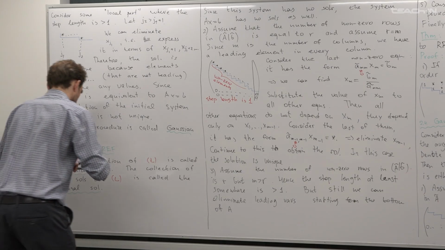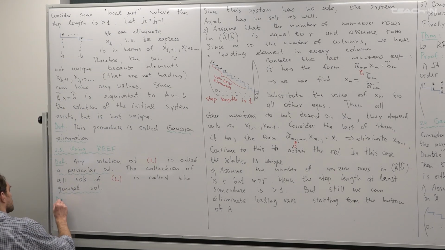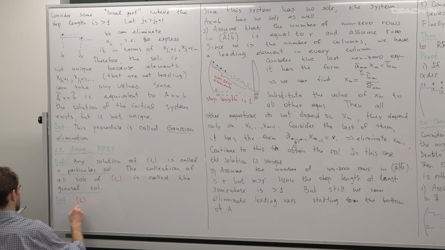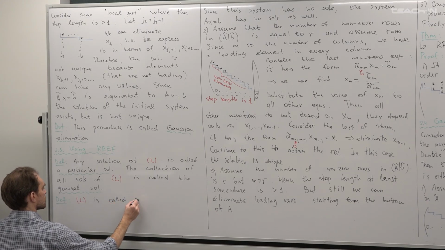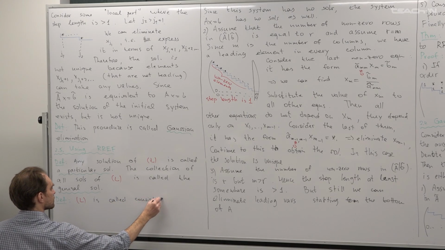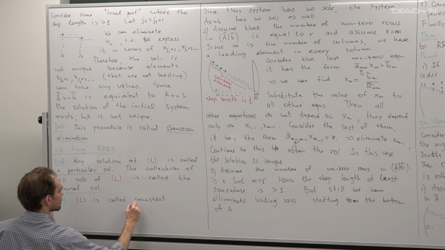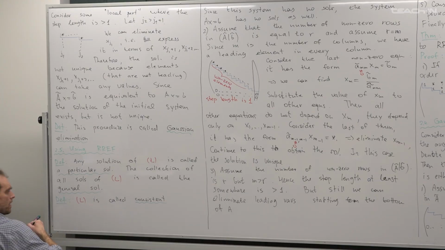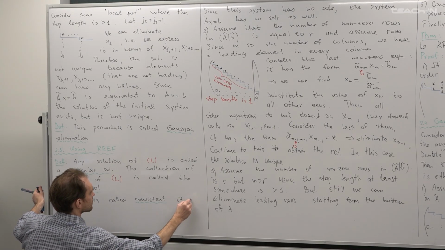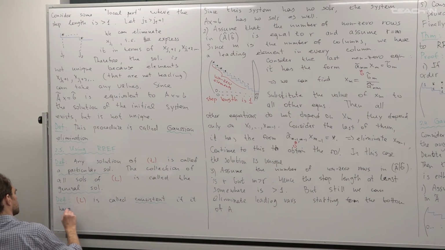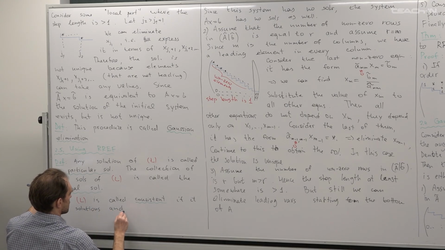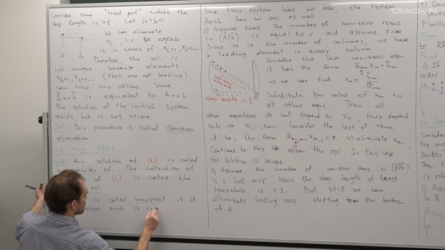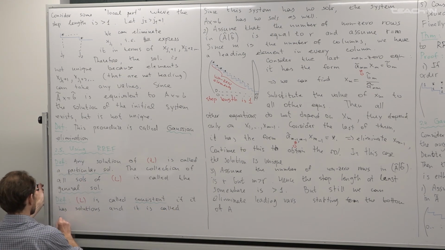Okay, then one more definition. L is called consistent if it has solutions, and it is called inconsistent otherwise.